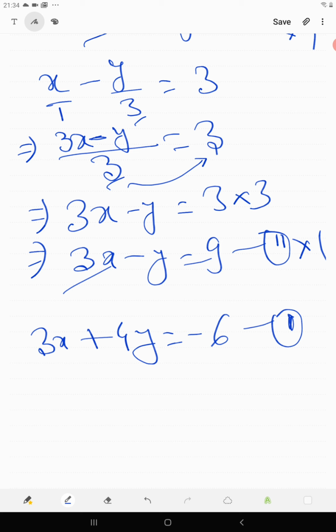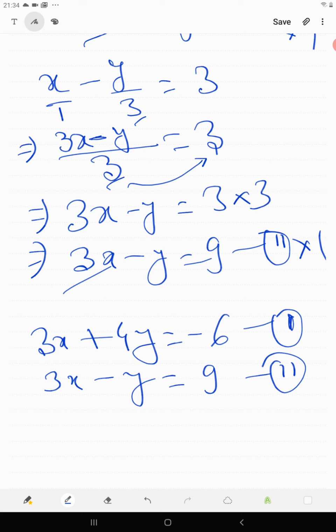I am keeping the equation number the same, but if you wish, you can write it as 3 after multiplication, because I know that multiplying with 1 will give me the same equation. So 3x plus 4y equals minus 6, and then 3x minus y equals 9.